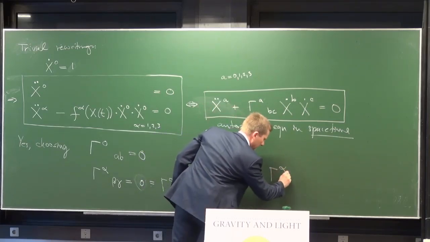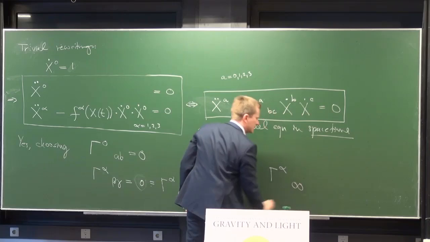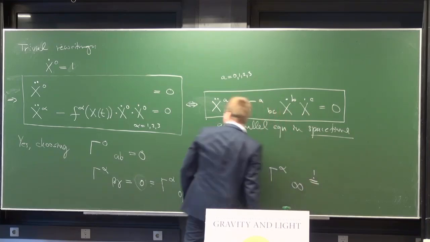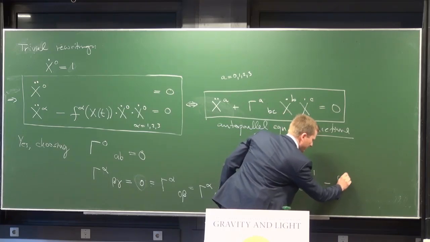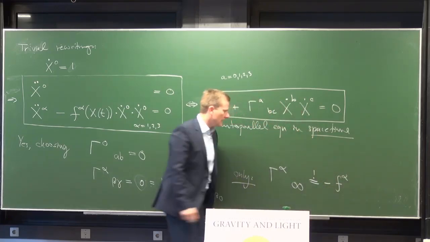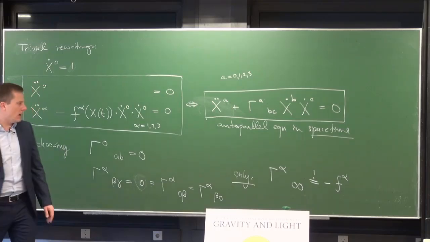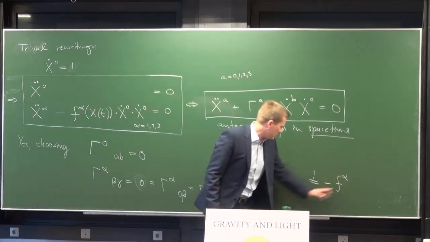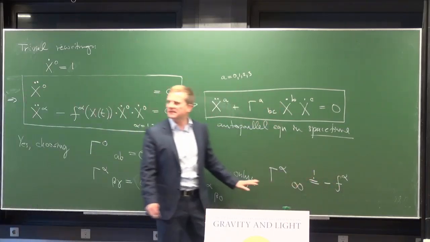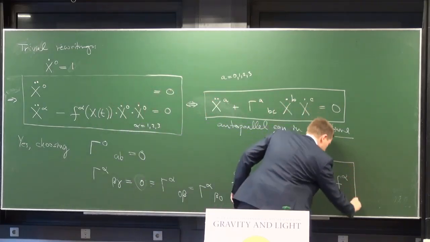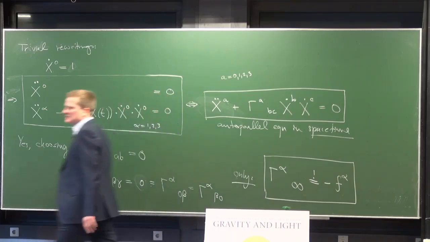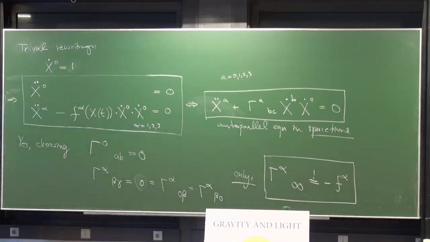gamma up alpha, down 0, 0, that must be chosen as minus f alpha at each point. Ah, nice. Alpha, alpha. These indices are set. Now it makes sense with the indices. So the claim is in the chart we started with, which is the chart which in standard Newtonian mechanics is called the obvious chart or the Cartesian chart or whatever.